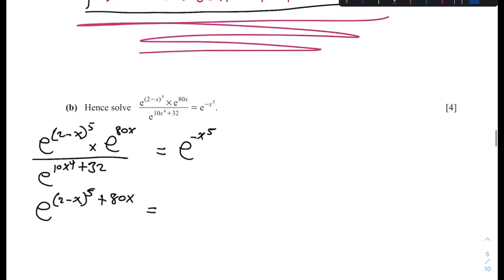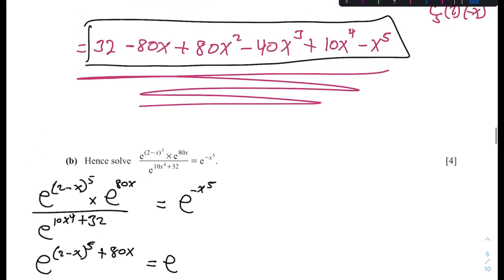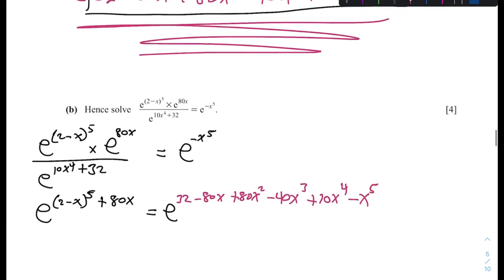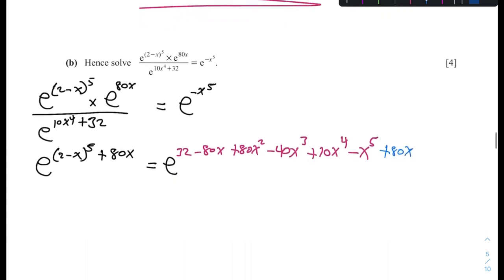Okay, now, so that means that we have e to the power 32 minus 80x plus 80x squared minus 40x cubed plus 10x to the fourth power minus x to the 5th, right? And now we said plus 80x. Let me write that in blue. So we can see that this and that will get rid of themselves.